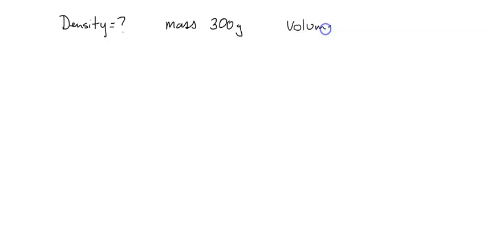Okay, so for our first example, if we want to know what is the density, so density is what we're looking for, given the fact that the mass is 300 grams and the volume is equal to 15 milliliters.